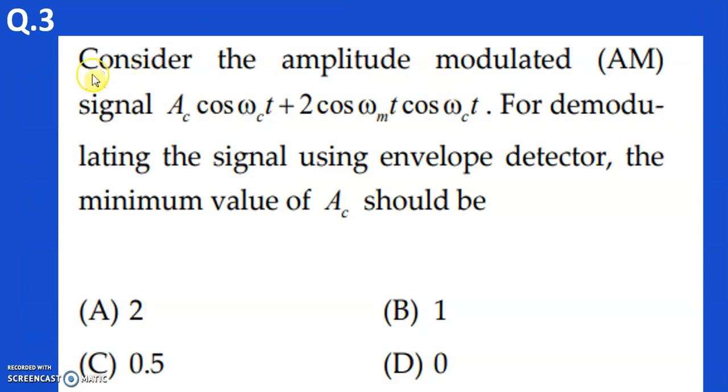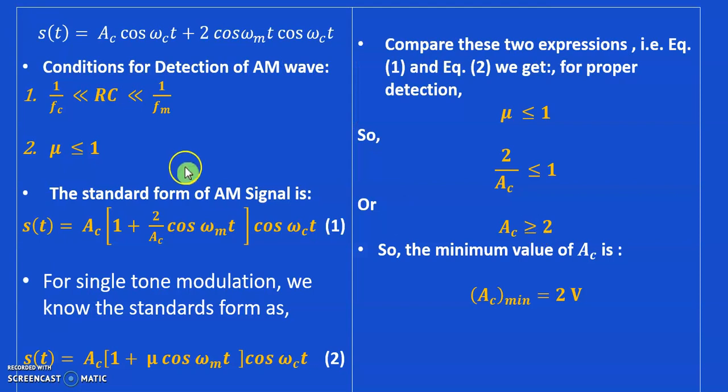Here we need to demodulate the signal using an envelope detector, and hence the question is to find the minimum value of the amplitude of the carrier signal, and we have to select one of these answers. Let us see which one is the correct answer. If we meet this condition, then we can know which one is correct.